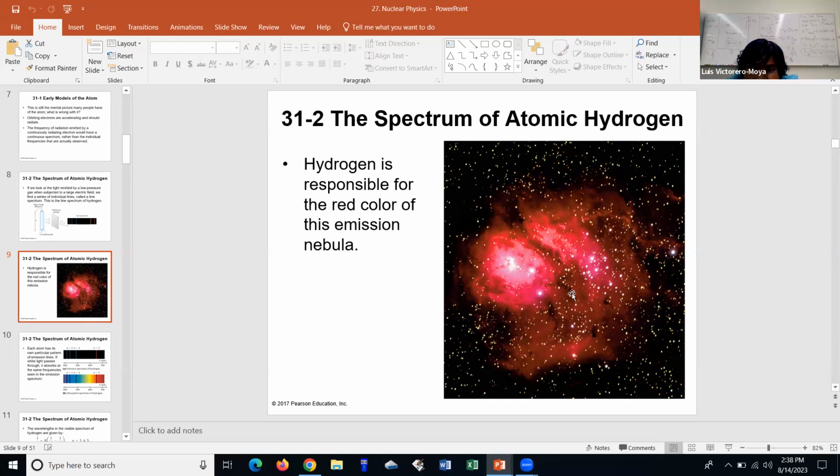Now, nebulas like this may be moving or receding away from us due to the expansion of the universe. Because the universe is expanding very rapidly, they will be receding at relativistic velocities.